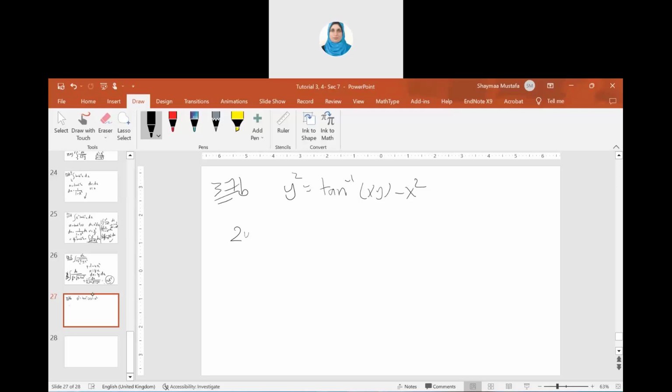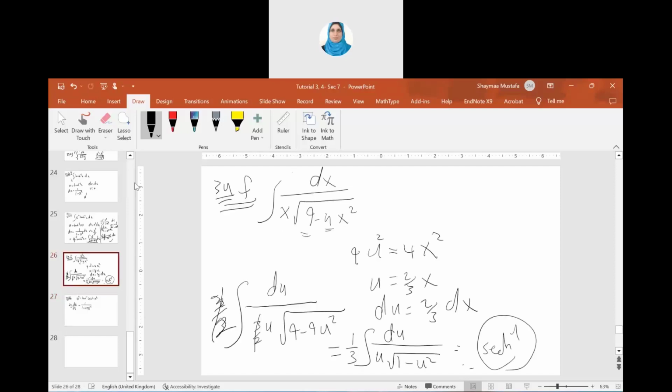So 2y dy over dx. So this one is implicit. Tan inverse, I think 1 plus xy squared, I think the formula is like this. Need to check. Actually, I don't know the formula of tan inverse. Is it correct or not?